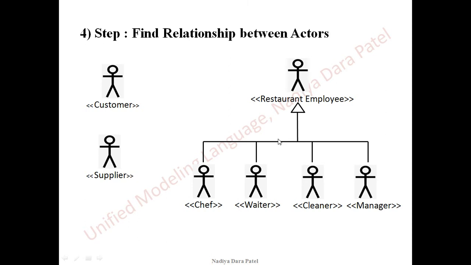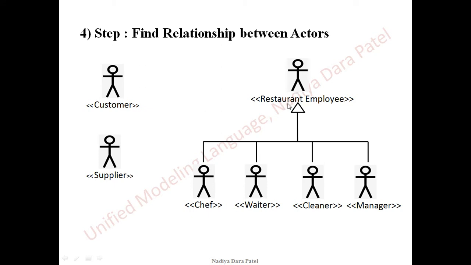While organizing our use case, it becomes difficult to handle every actor separately. So what I have done is I have performed a generalization relationship and tried to create a generalized class. This parent or generalized class should hold all other actors together.